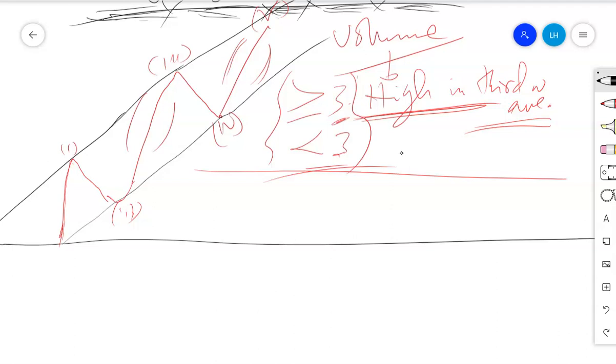So now, how are we using an indicator based on the wave principle? Based on the wave principle, an indicator is used as an aid. Now remember this. According to the wave principle, an indicator is used as an aid to wave counts.